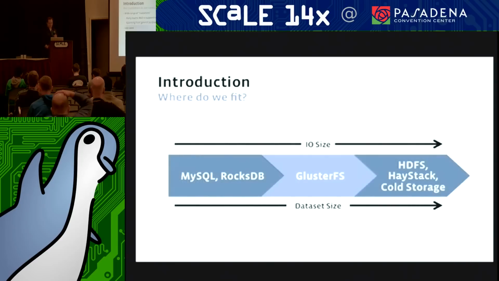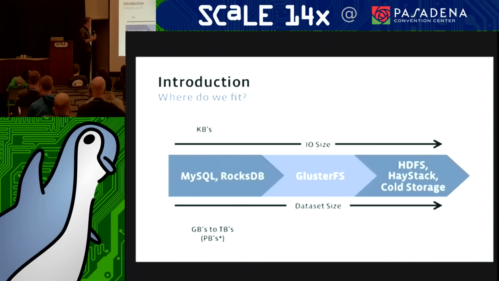Here's another way of looking at it. You can look at this as I/O size and data set size. Haystack, HDFS, and cold storage are at one end of the spectrum. And then you've got MySQL at the other side, and RocksDB. These guys typically have very small I/Os for a transaction, and the data set sizes are generally gigabytes to terabytes.